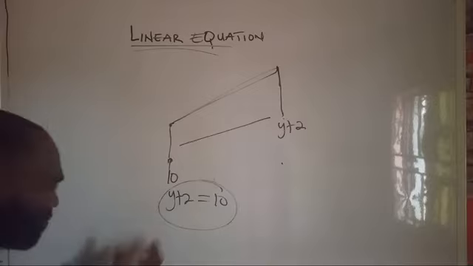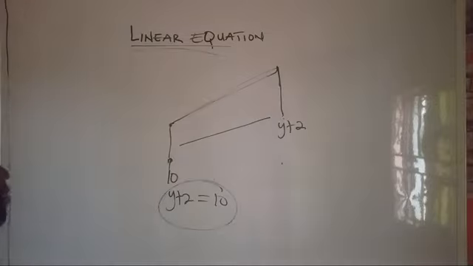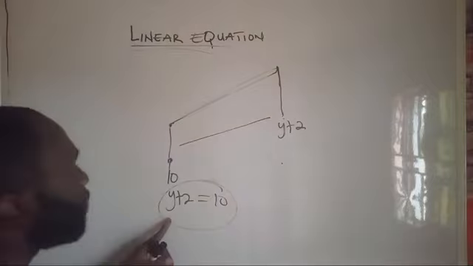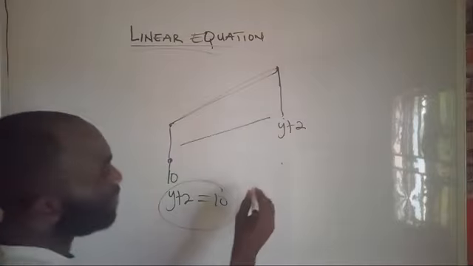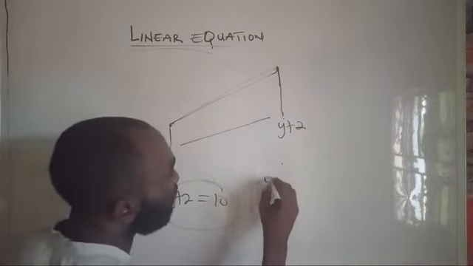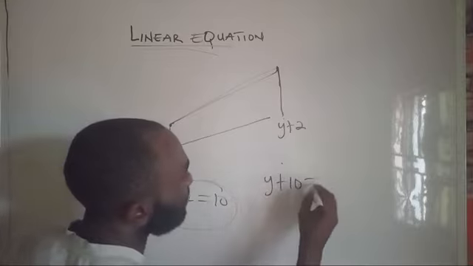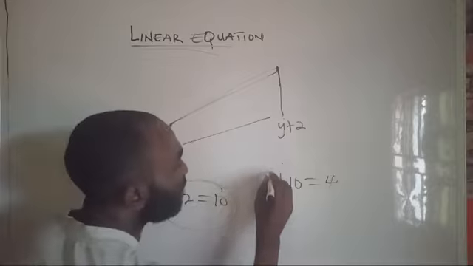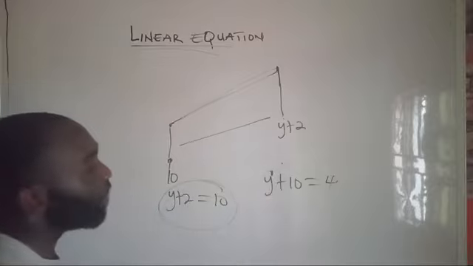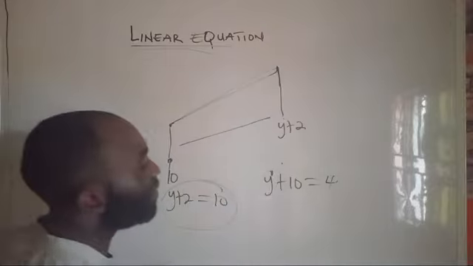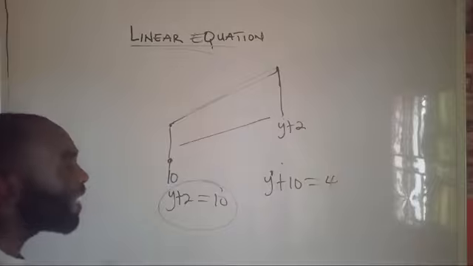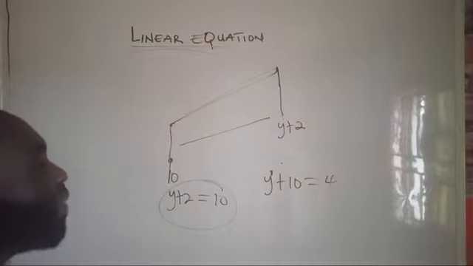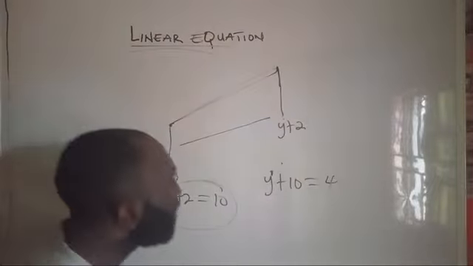So a linear equation is that type of equation that the power of unknown is always 1. What do I mean? For example, if you have y plus 10 is equal to 4, the power of this y here must be 1. You cannot have something like y raised to the power of 2 in linear equation. What do I mean by the unknown?